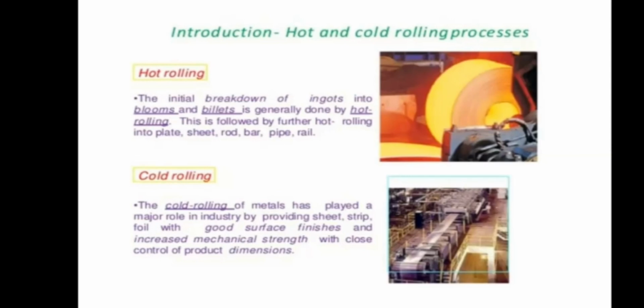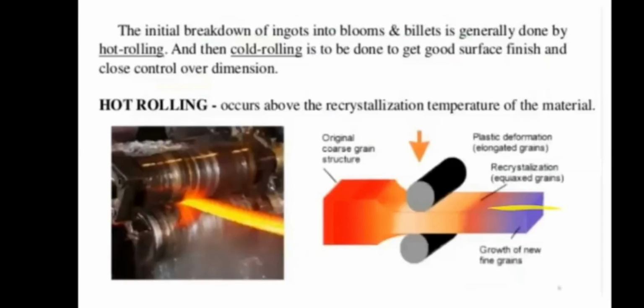So in order to enhance the mechanical property as well as surface finish, you go for cold rolling. Cold rolling will give good surface finish. The initial breakdown of ingots into blooms and billets is generally done by hot rolling, and then cold rolling is done to get a good surface finish and close control over dimension.